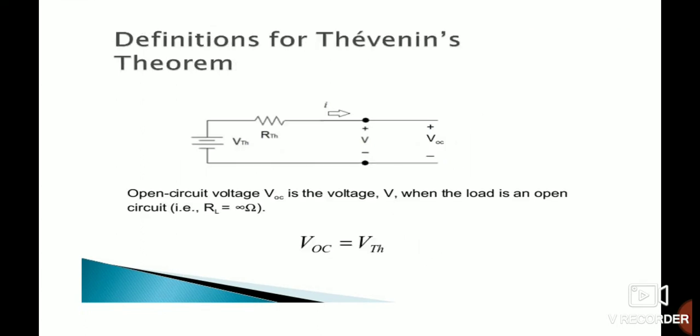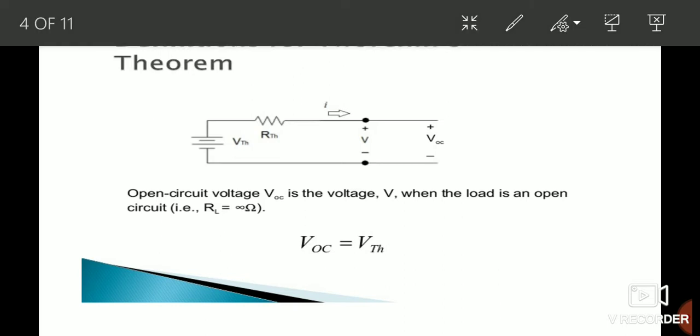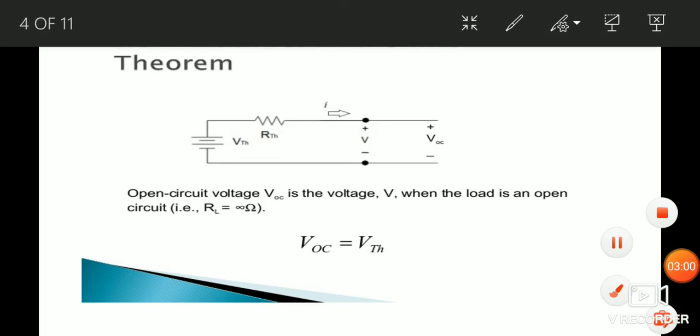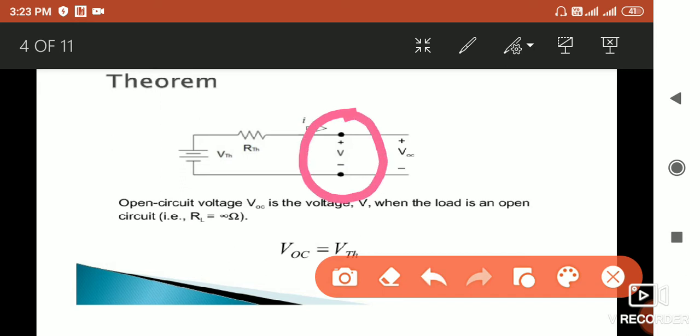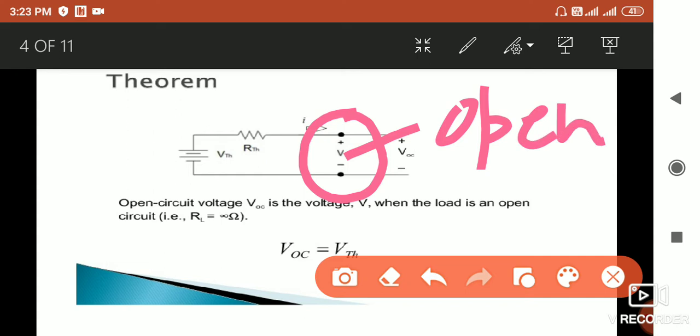So how to calculate VTH? Here we clearly see that when we draw a Thevenin equivalent circuit and open the load, this is the open circuit, and that's why this is known as the open circuit voltage. Due to the open circuit, there is no current, so I is equal to 0. There is no current, so there is no potential drop across the RTH.